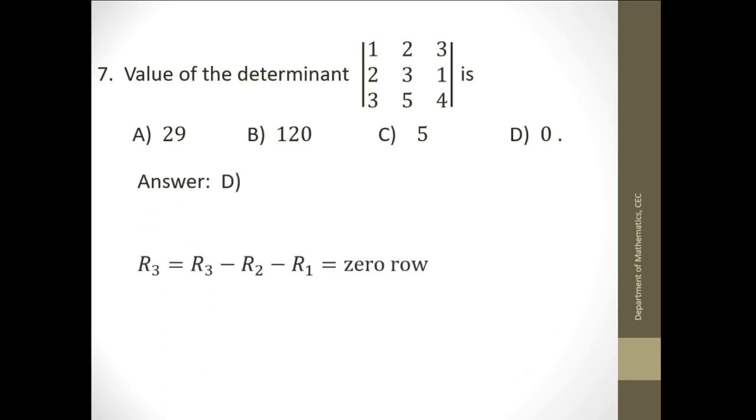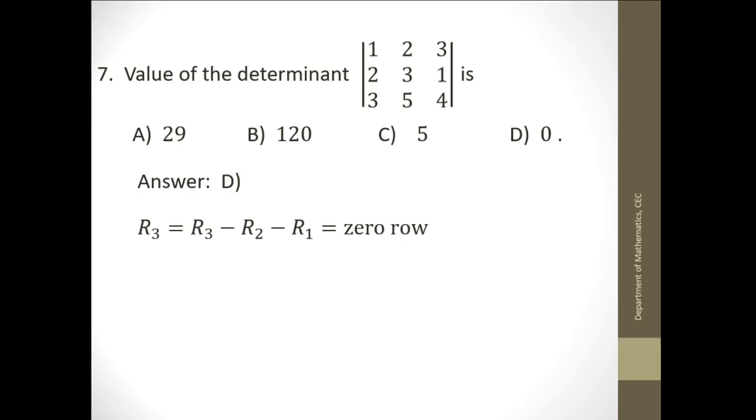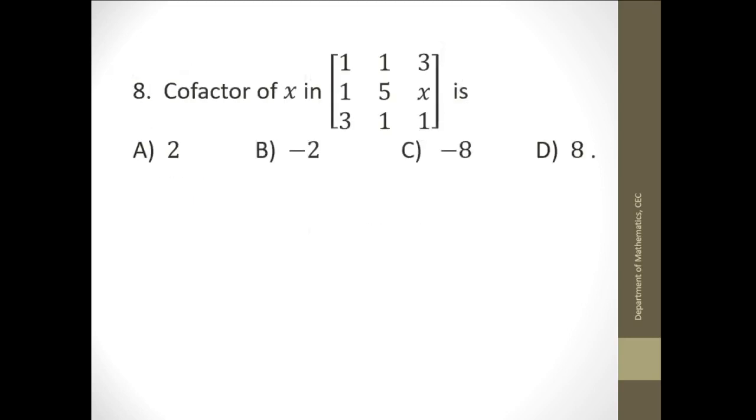Because there is one property, if you add or subtract any row from any other row, the value of the determinant is unaltered. That means it remains the same, and hence if one row is a 0 row, then its determinant is 0. Answer is D.